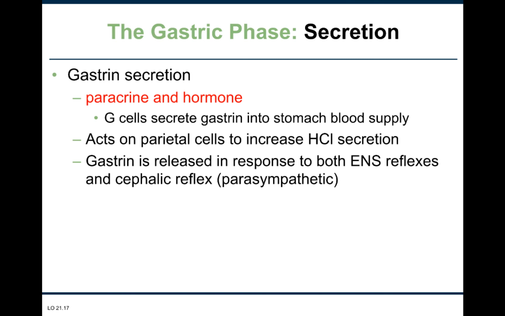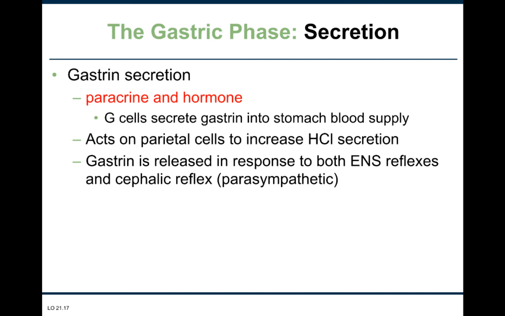So just a little bit more on some of the secretion. So gastrin obviously is a big one, and it has many different targets. One thing I didn't really emphasize previously is it's acting as both a paracrine and a hormone. Okay? Because when those G cells release gastrin, they're releasing it into the blood supply, but they're also releasing it to the nearby cells in those glands.